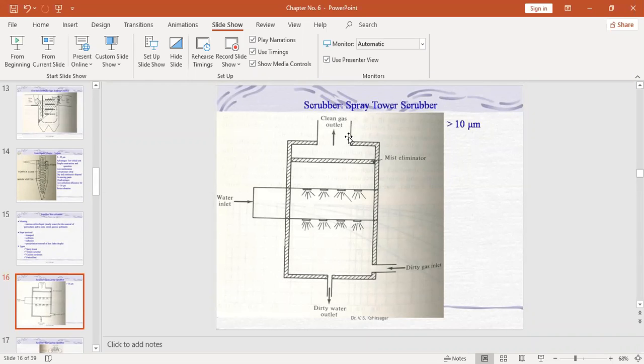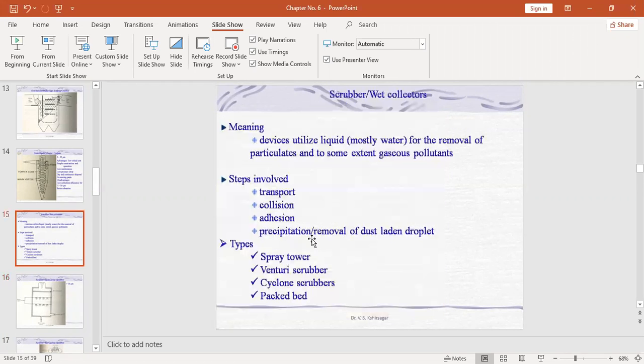Okay, so please draw this figure now. Please draw this figure, first type of wet scrubber, or before that you write down this slide. It will help you.